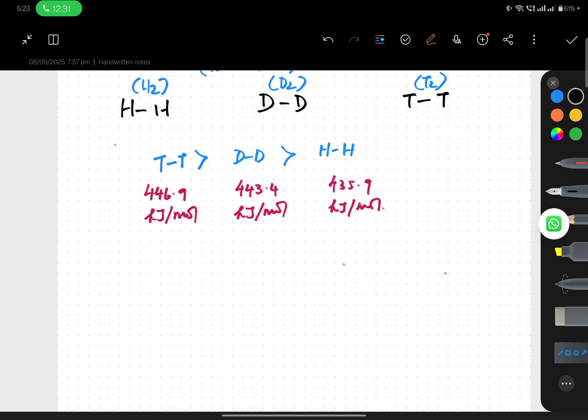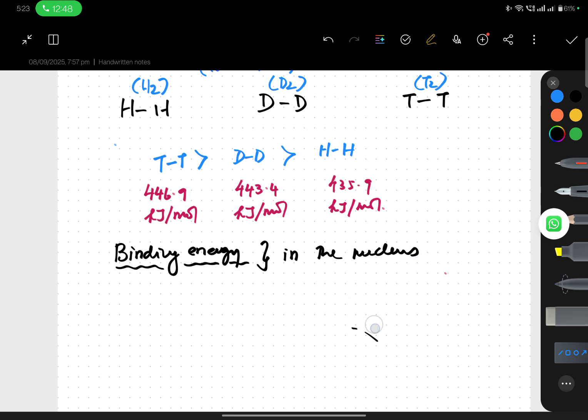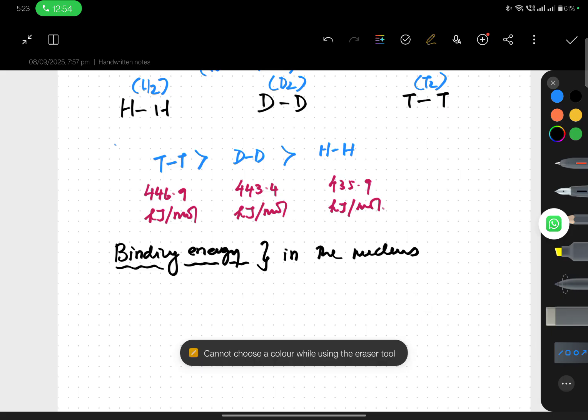There is something called binding energy in the nucleus. So what is the reason you will write?